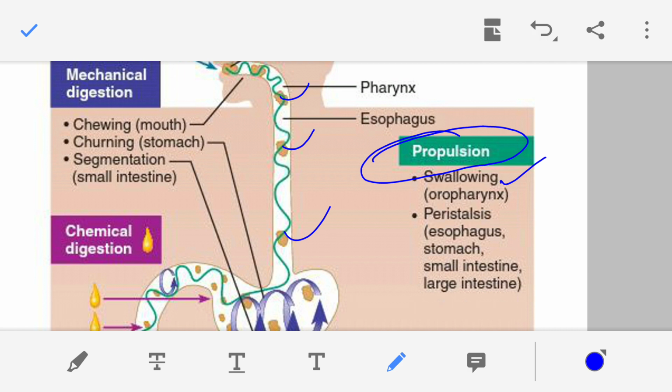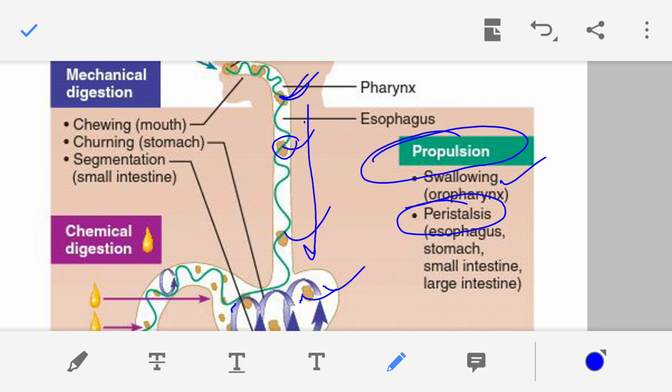The bolus is not stationary in the GI tract, it moves along the entire length of it. For example, as you can see, the bolus is right now in the esophagus, and it is entering into the stomach. The bolus enters from the esophagus to the stomach by the process of peristalsis.